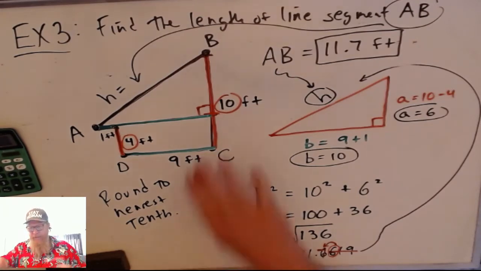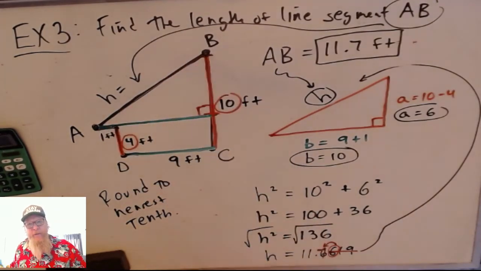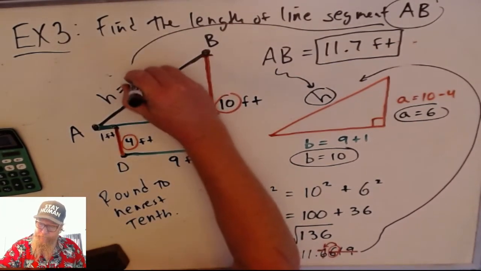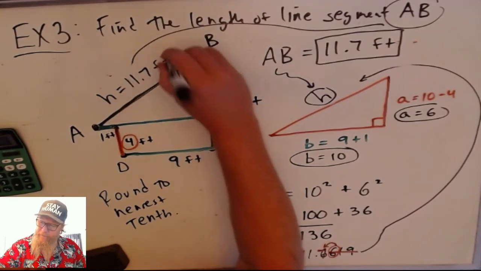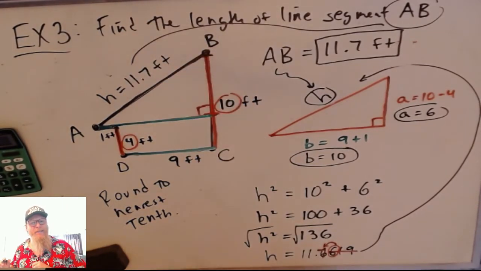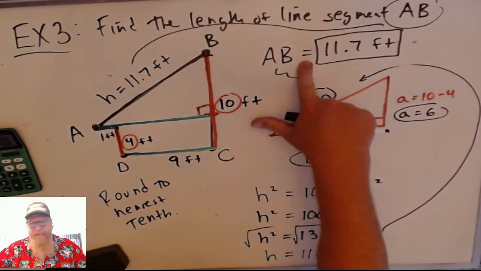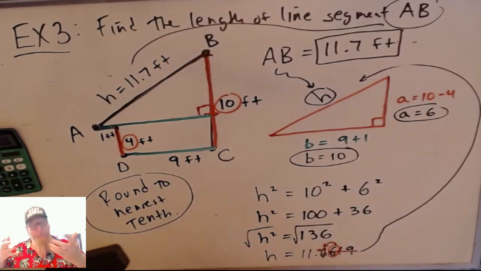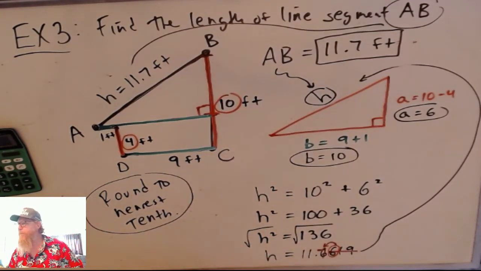So there we go. The length of that roof is approximately 11.7 feet. I still haven't figured out how to put the approximately sign in your homework, so it'll say equal, but when you're rounding, your equalities are approximations at that point.